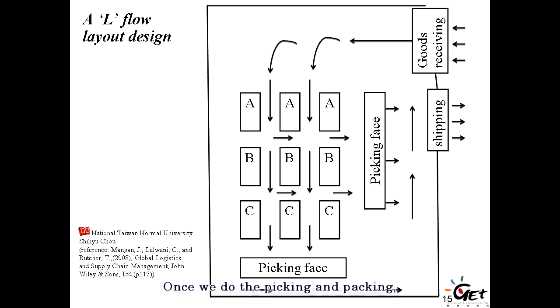And then once we do the picking and packing, we put all these items to be shipped here and wait for the trucks to ship these items to the downstream customers, moving out here. So this is an L-flow layout design. Okay, these are 3 popular designs that we can consider.